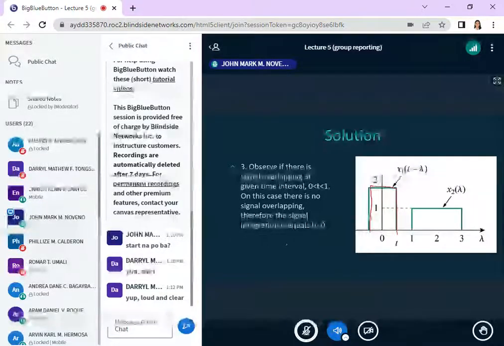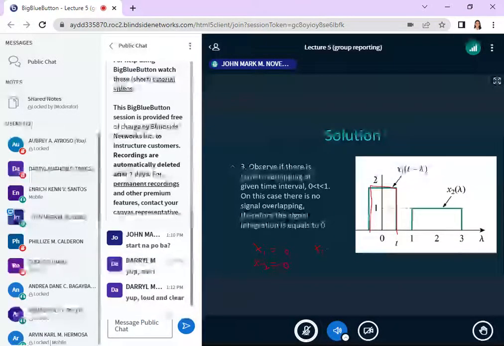So, ibig sabihin, yung x sub 1 natin ay equal to 0 at yung x sub 2 natin ay equal to 0. Di ba sabi natin, ang steps natin ay pag-multiply natin si x sub 1 tsaka si x sub 2, then we are going to integrate. So, anong mangyayari dyan? 0 times 0 is 0. And the integral of 0 is 0.